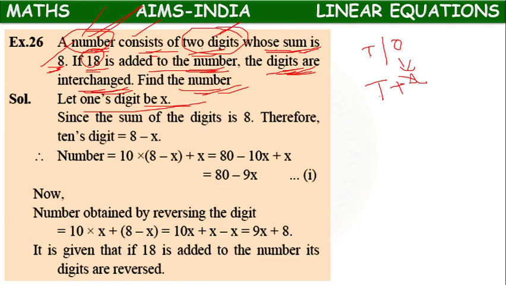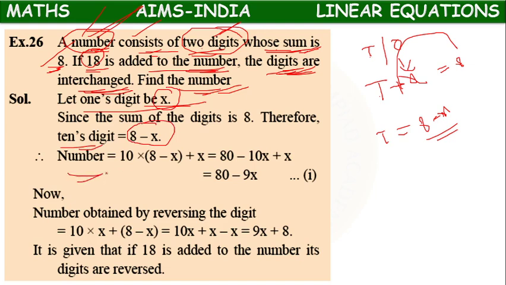Means tens digit plus ones digit equals 8. Then tens digit plus x, x will go that side, it will become 8 minus x. Means if the ones digit is x, then the tens digit will be 8 minus x.